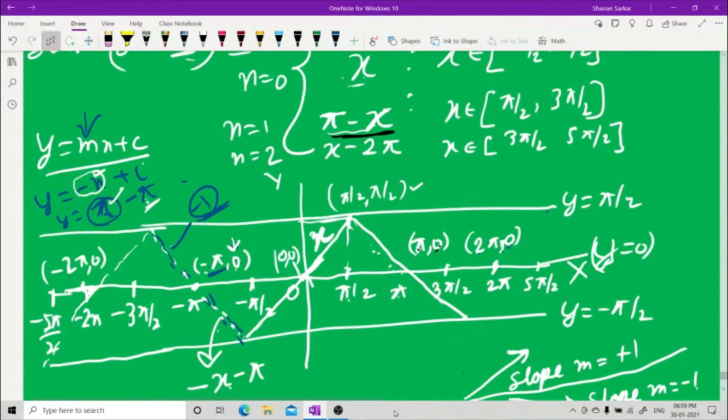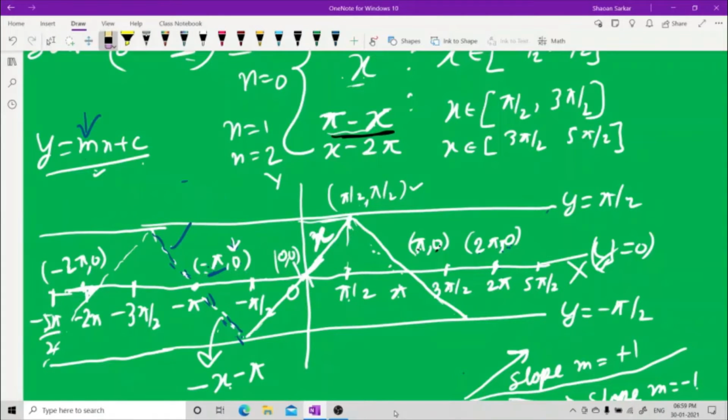Okay, now let me rub all these colors. This blue color needs to go. Now for this line I am talking about, it has a slope of +1.